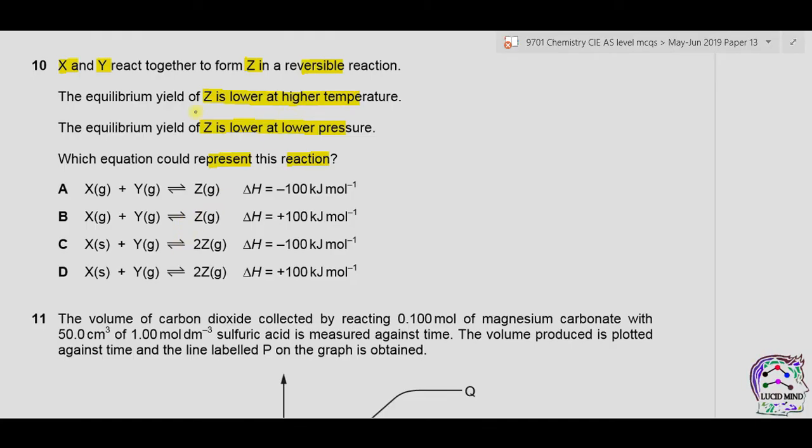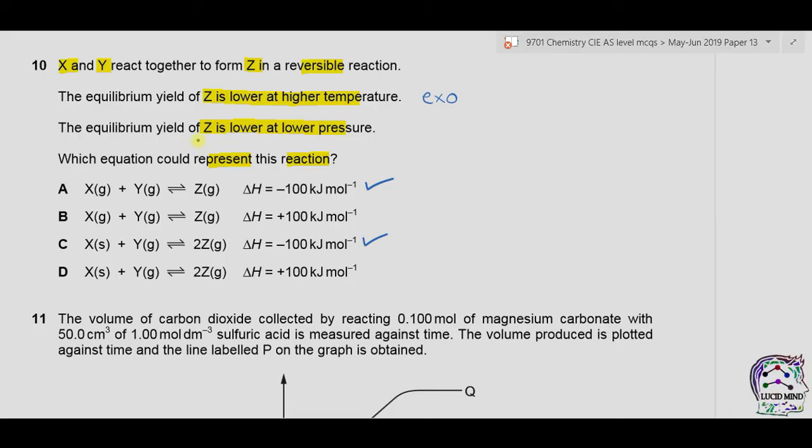Now at higher temperature, the equilibrium yield of Z becomes lower. It means that the reaction is exothermic. This is because for an exothermic reaction, heat is a product. So if you are increasing the temperature, the equilibrium will move in the backward direction, so the product will become low. So it should be either negative 100 or this one, as both are exothermic.